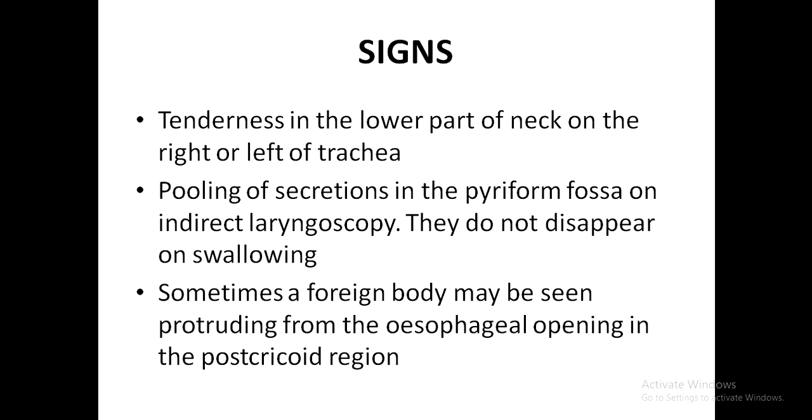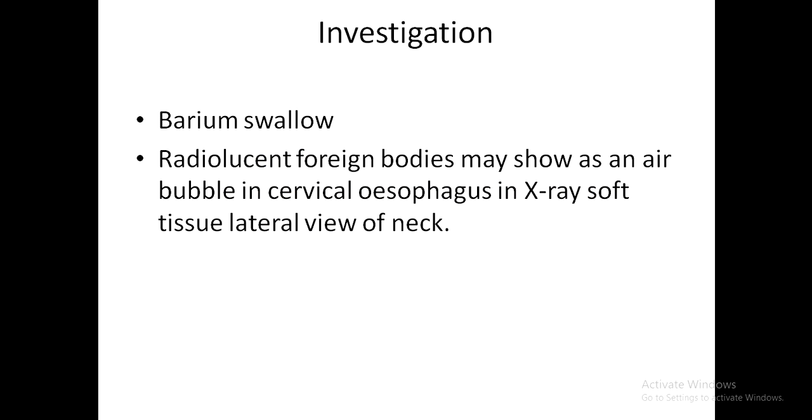Signs: tenderness in the lower part of the neck, on the right or left of the trachea near the clavicle. Pooling of secretions in the piriform fossa on indirect laryngoscopy, which do not disappear on swallowing. Sometimes a foreign body may be seen protruding from the esophageal opening in the post-cricoid region.